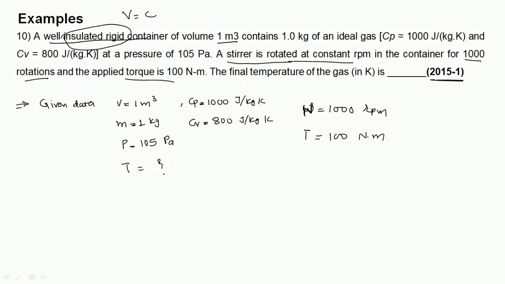So let's start with the basic thing. Here N and T are given, but the work is not directly given. If the work is directly given, then we can easily calculate the answer. But here we need to find the stirrer work.